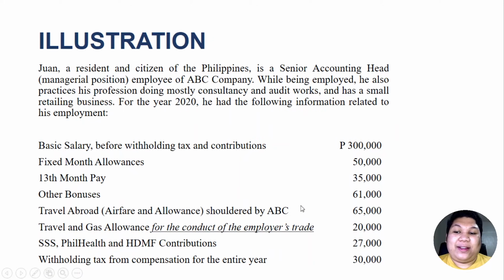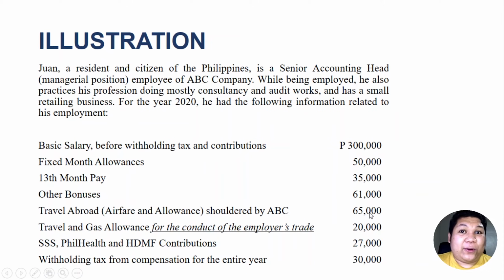We also have travel abroad shouldered by ABC Company. This is actually a fringe benefit. Since Juan is a managerial employee, a senior accounting head, this will be subject to fringe benefit tax, and fringe benefit tax is actually a final tax. So we will no longer add this 65,000 pesos to Juan's taxable compensation income. We will just ignore that.